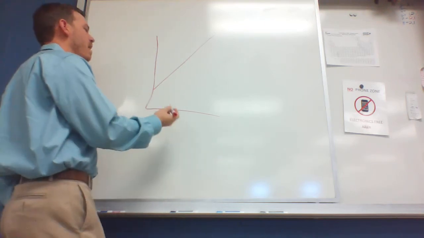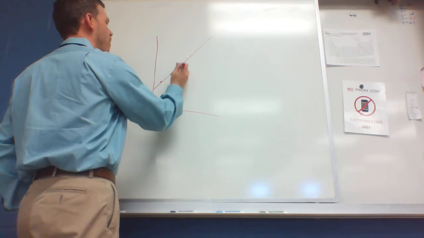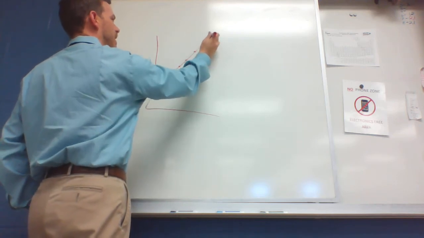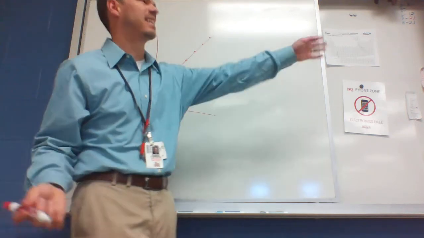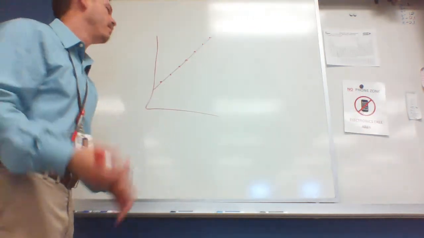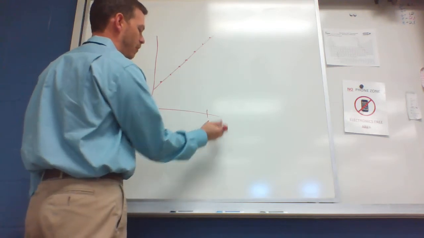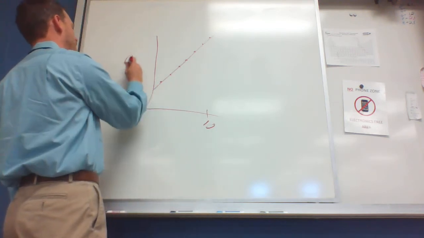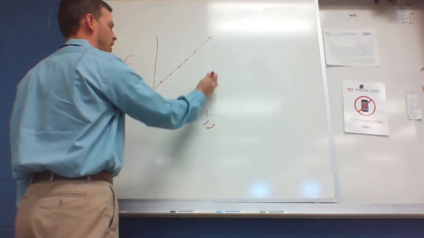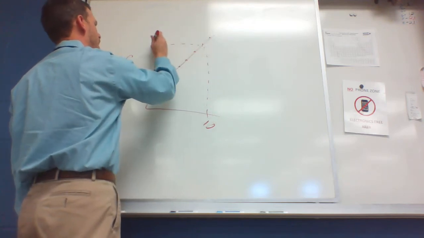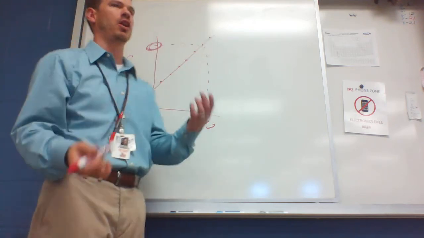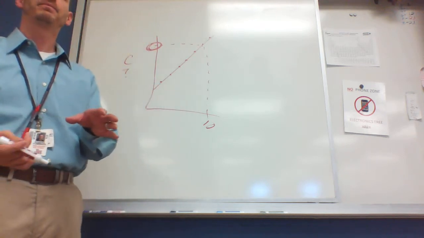So once you have the line, you would know that everything that analyzes the solute that you're looking at, in this case potassium permanganate, would fall on that line. So if you were given an absorbance down here of 10 or whatever, and it wanted to know what's the concentration, you could just figure out where it hits the line and immediately know what the concentration of your solution is.